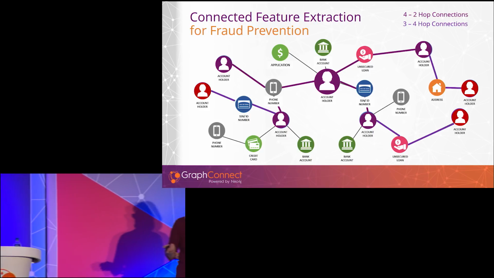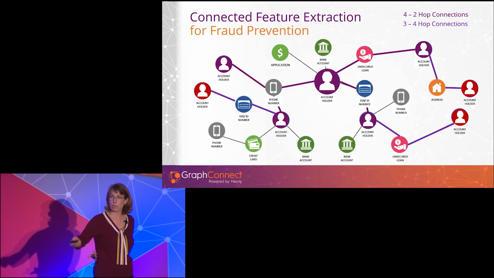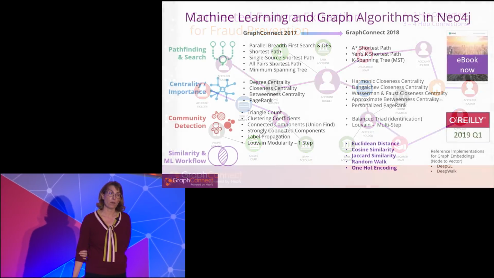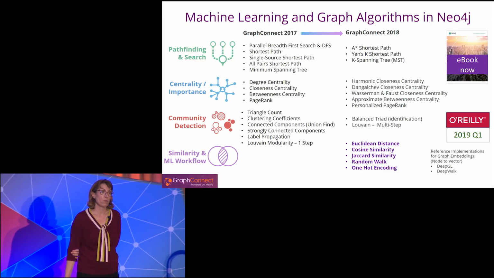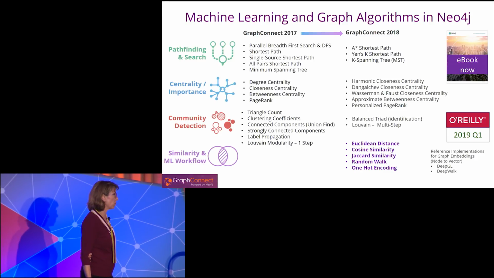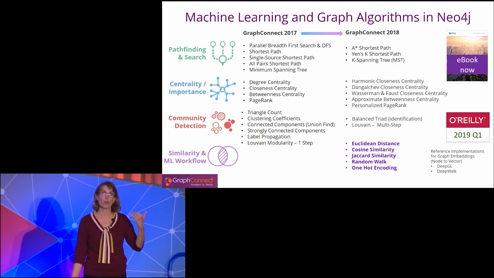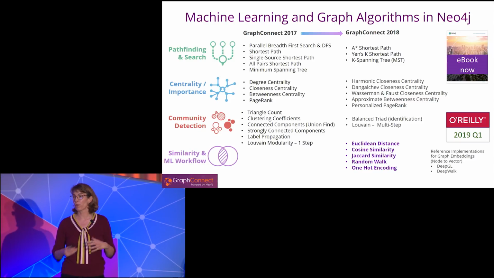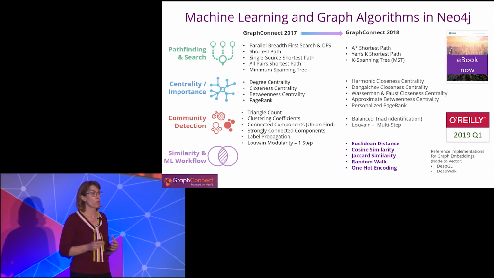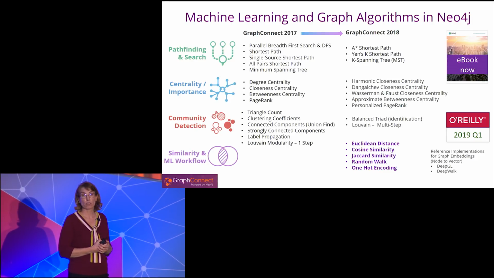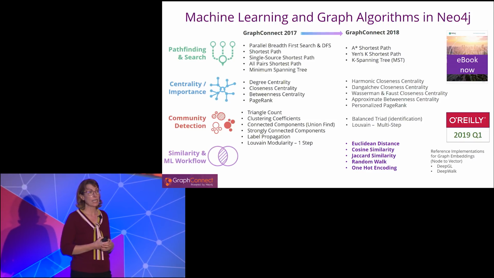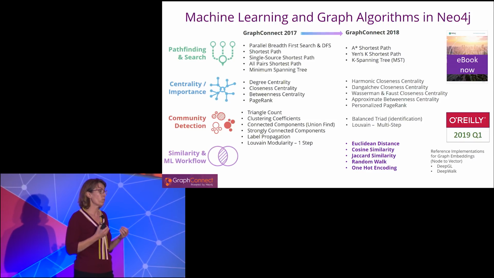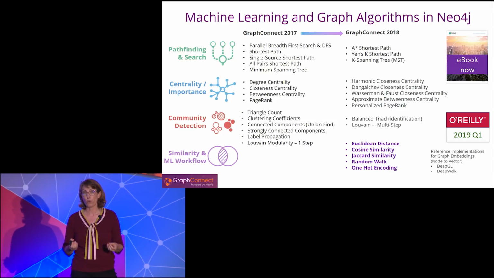And then what we can also just quickly take a look at is the machine learning graph algorithms. So you can see last year we debuted our graph algorithms library, had your standard graph algorithm areas, and then this year we've also just about doubled in size in algorithms. Pathfinding and search, all about finding optimal routes to things. Centrality, all about looking at what's the most important node within your network.